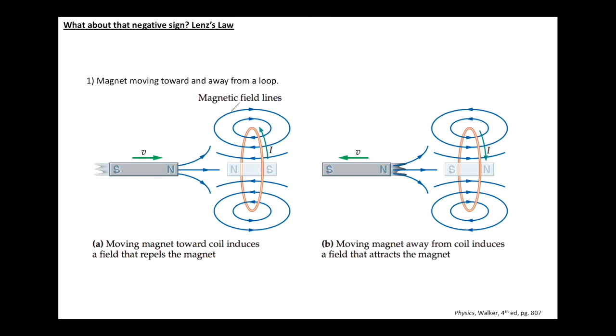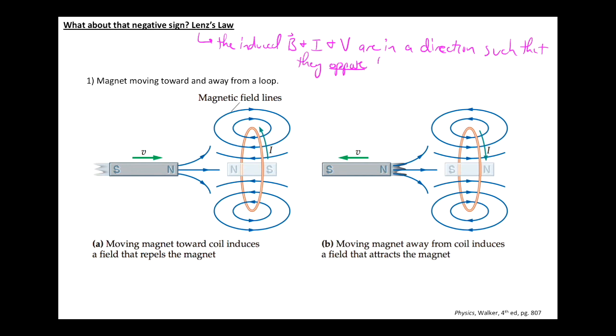So this negative sign is known as Lenz's law, and we could write a more extensive statement of this. We could say that the induced magnetic field and current and voltage, all of the induced things, are in a direction such that they oppose the change in magnetic flux.